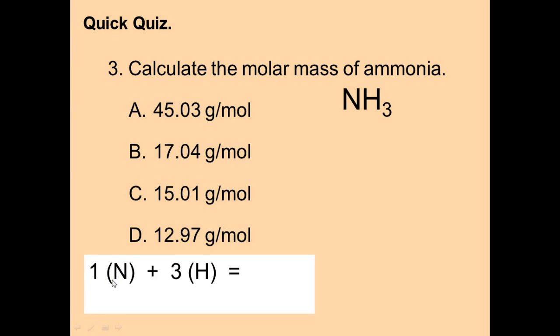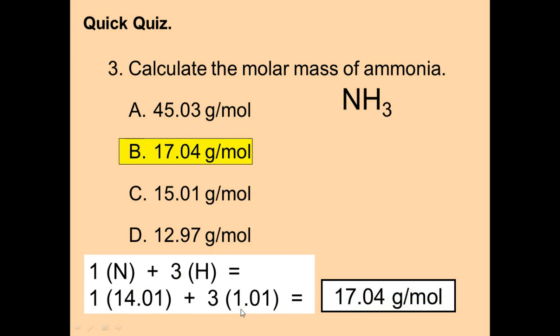So nitrogen is 14.01, so 1 times 14.01 gives you this. And then 3 times hydrogen's atomic mass, which is 1.01, so 3 times 1.01, and we add up these two products and get 17.04 grams per mole, and the answer would be B.